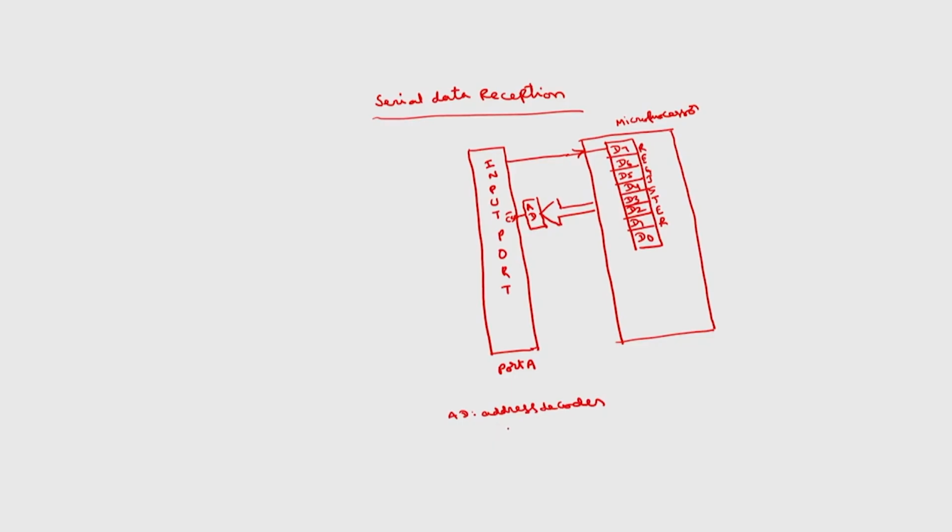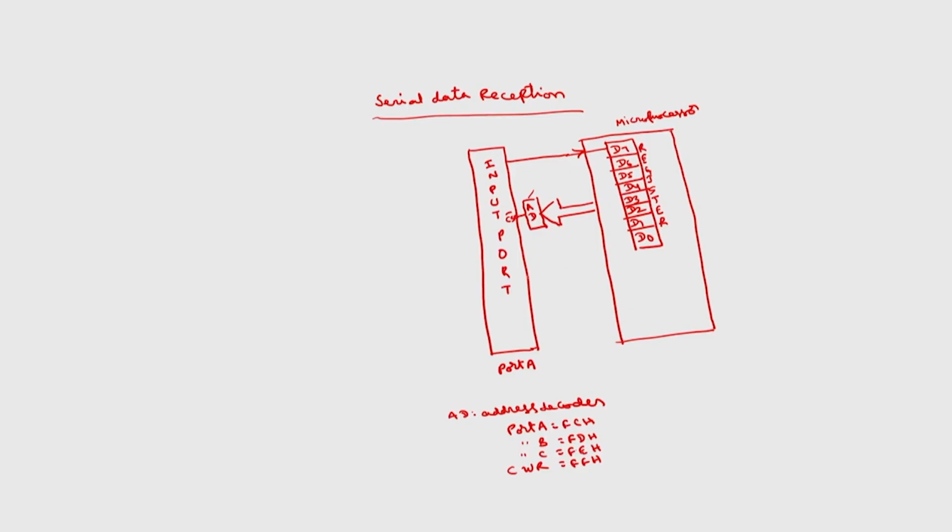I am assuming that the address of port A is FCH, then port B will be the next address, port C the next address, and the control register the next address. The corresponding circuit will be present in this AD block, and the output of that AD block will be connected to the chip select signal.